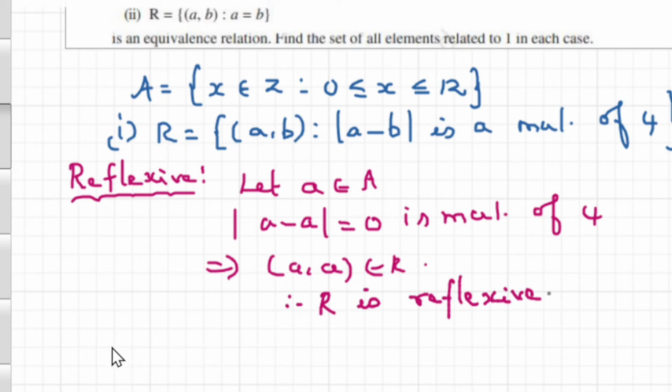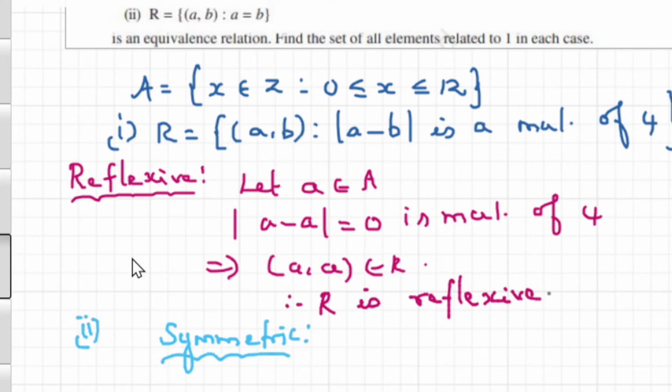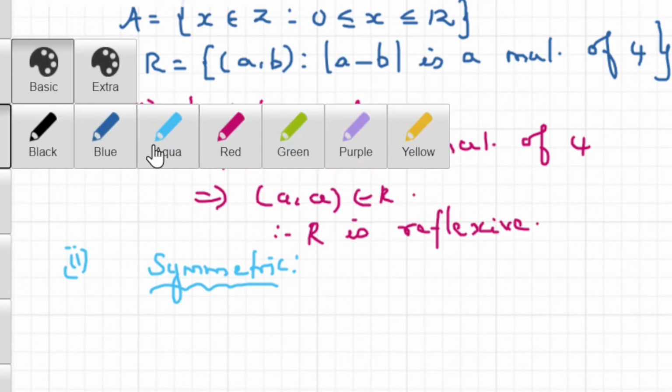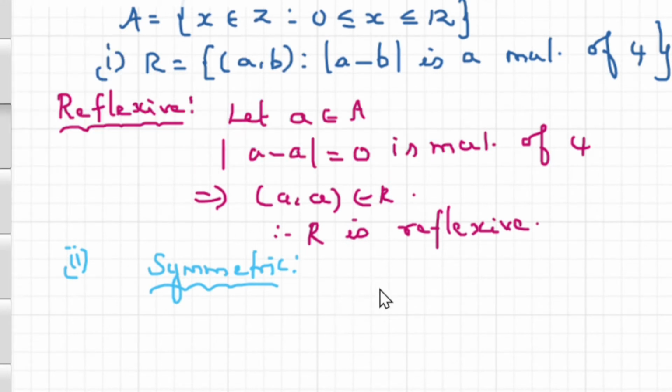Next is the second subdivision. Here we are going to have symmetric. Since it is a modulus, when we have two numbers, if we take a difference of those which is a multiple of 4, and if we interchange the places of A and B, then also the modulus value will be a multiple of 4.